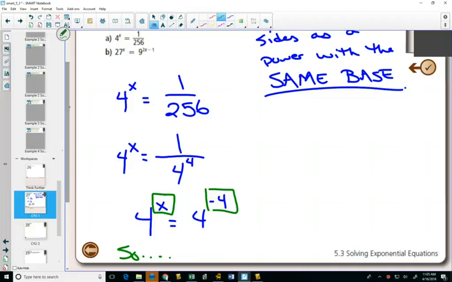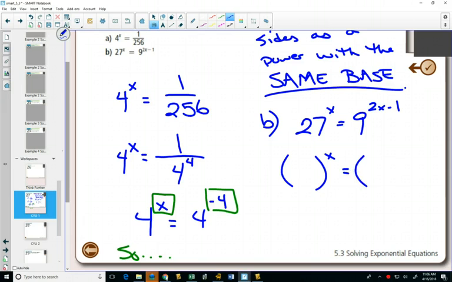So looking at part B, we have 27 to the x equals 9 to the 2x minus 1. So our goal is to try to get them as powers with the same base. Right now, the one side has a base of 27, the other side has a base of 9. So we think, on our powers chart, is there a way of writing 27 and 9 both with the same base? And what would that base be? What column does that happen in?